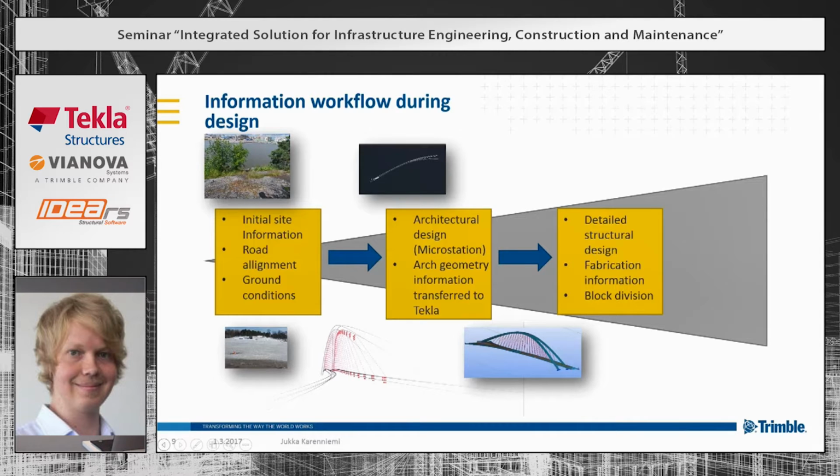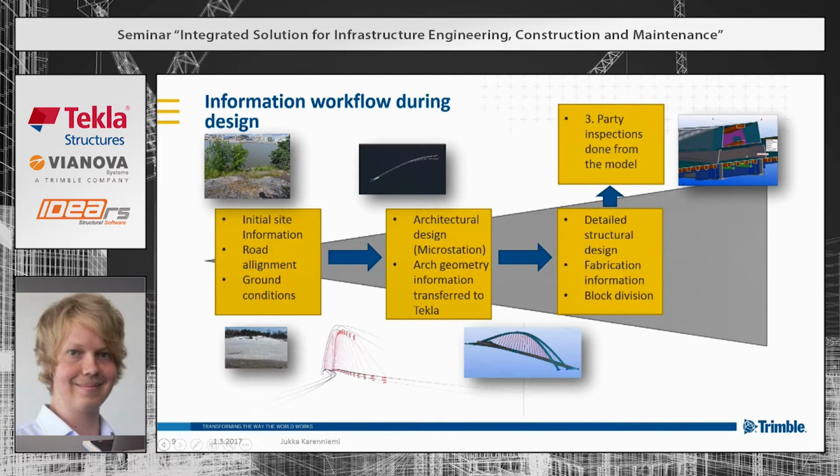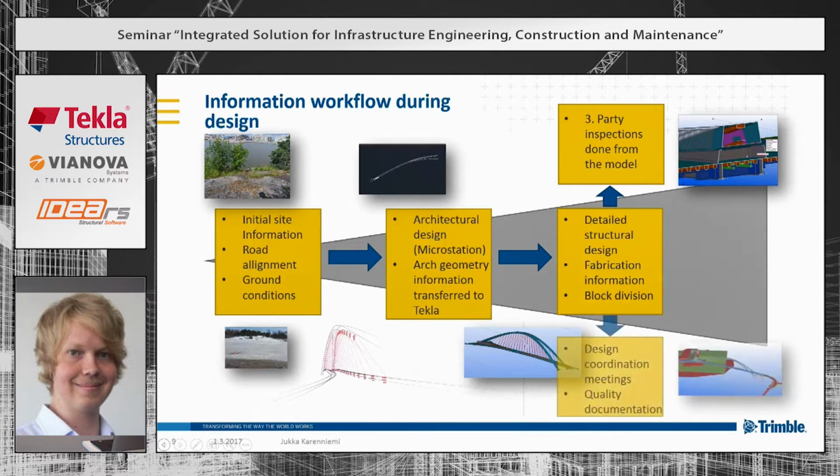And the designer modeled the arc and the other structures and detailed the whole bridge, which could be used for fabrication information and block division. Also the third-party inspections could be done from the model because it contained all the details. So a really accurate model at this stage already.